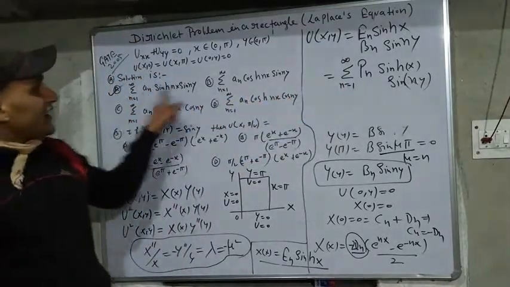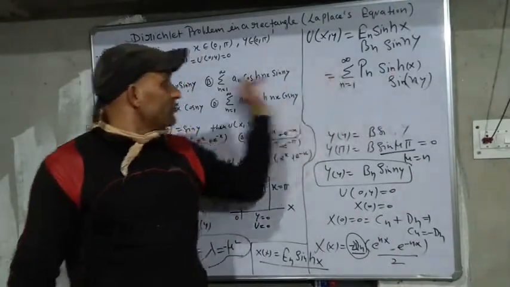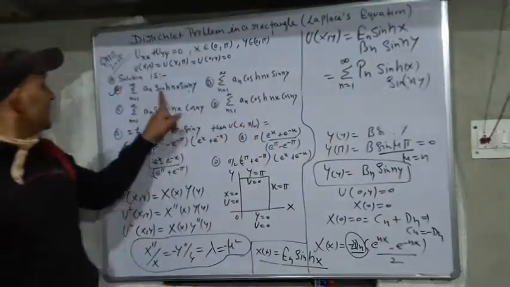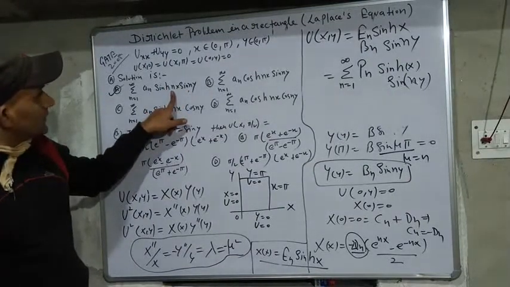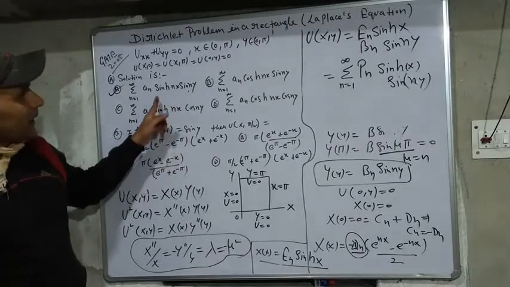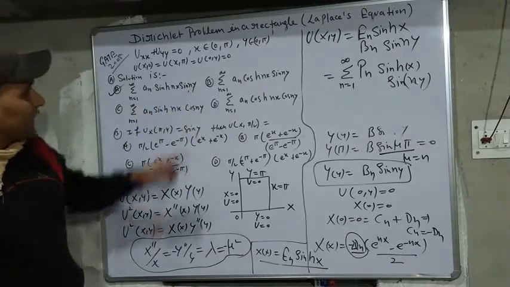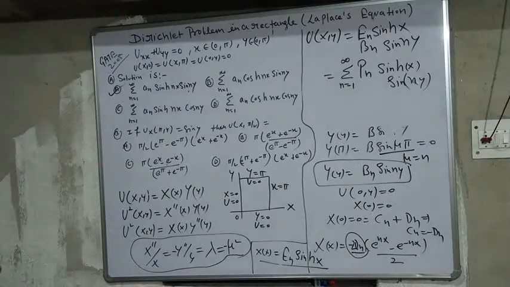Here they have written an, I have written pn. Both are the same, both are constants. They have written sine hyperbolic nx and sine ny.